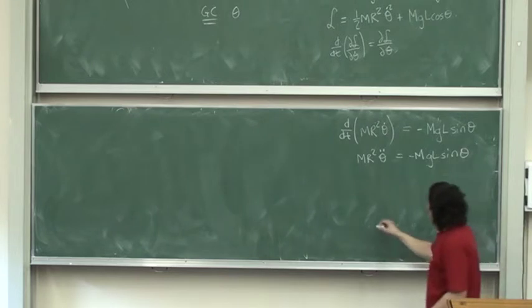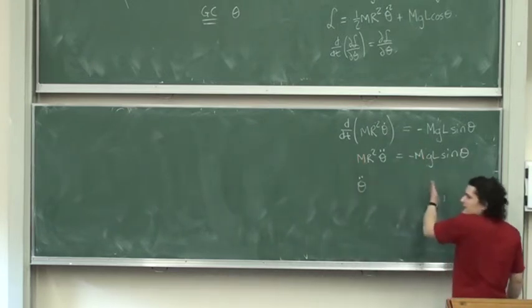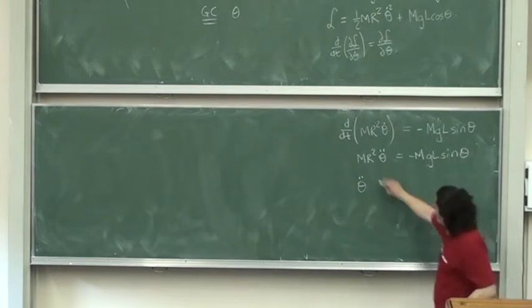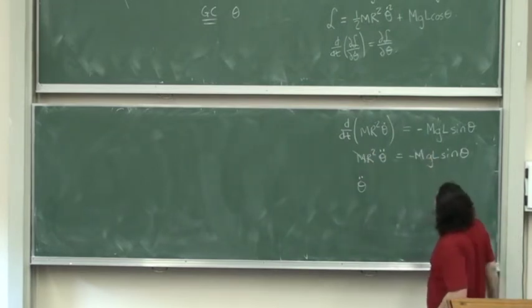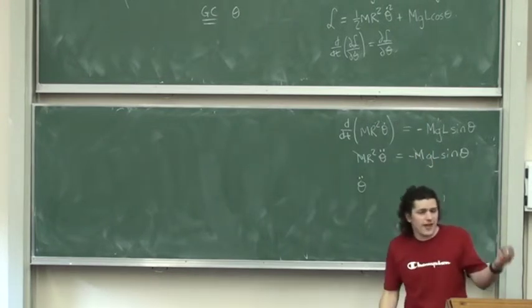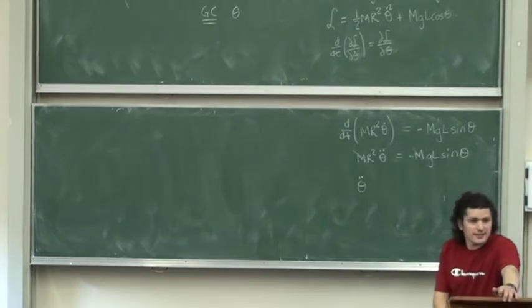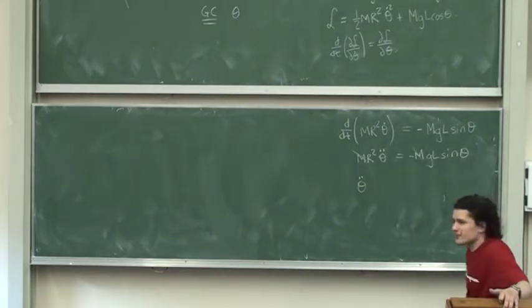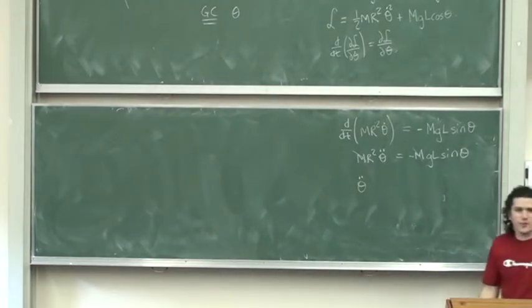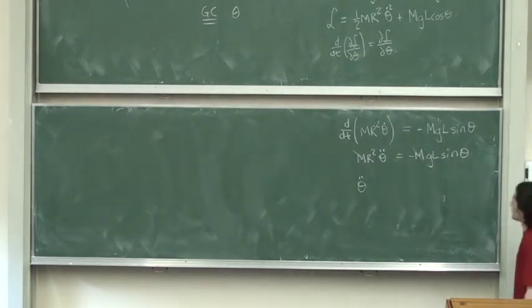And we can work out theta double dot, mass cancels. We can get rid of it. Those of you who were here yesterday will have noticed that in the Lagrangian mass is a constant common factor, and therefore the equations of motion are independent of mass. Those of you who went to today's oral test will further know that there are other ways of simplifying Lagrangians. They are quite powerful.